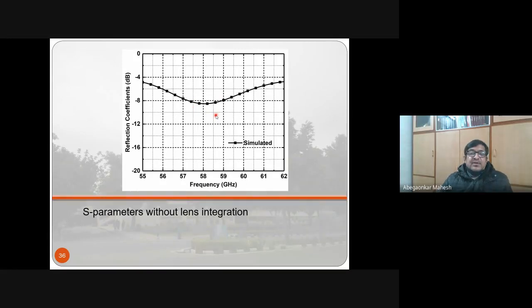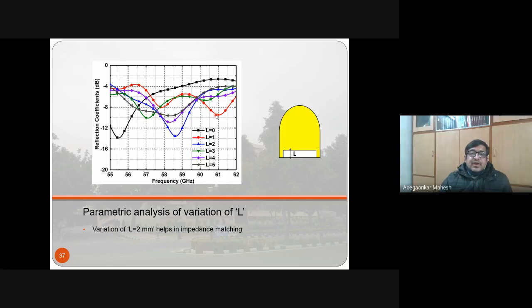Then this is for the lens. If I change this distance gap, the gap of the lens to the waveguide feed, I can change my S parameters. So this is L equal to 0. You get a resonance at a much lower frequency. L equal to 2 is the best case, where you get good resonance with sufficient bandwidth.